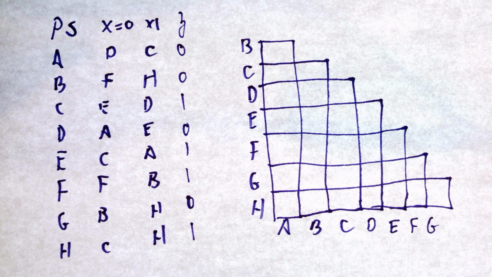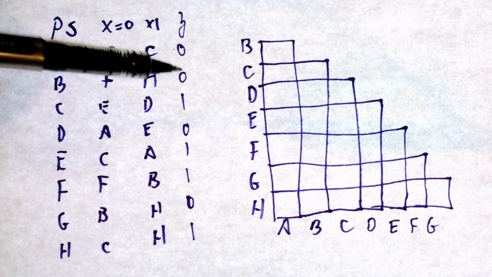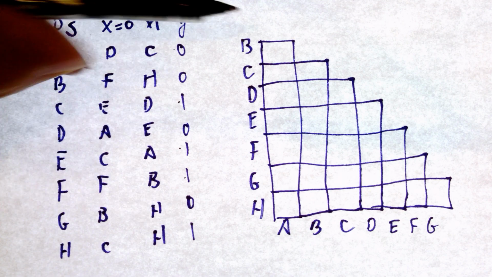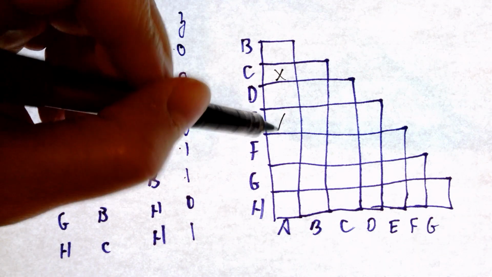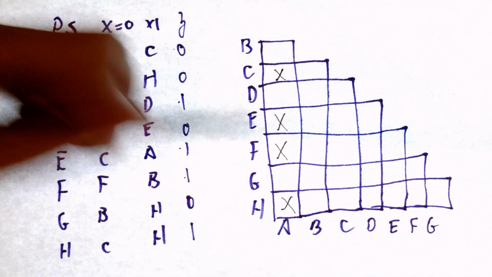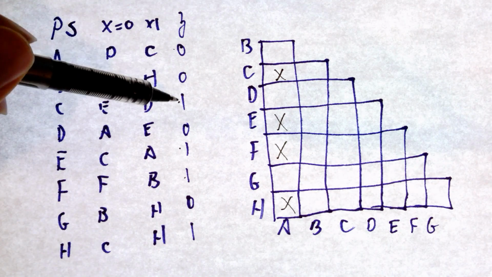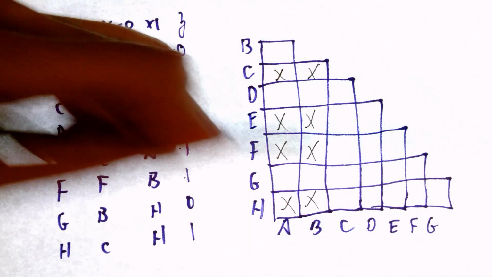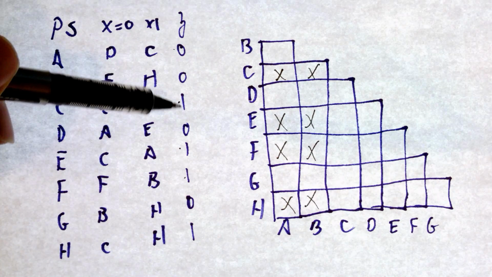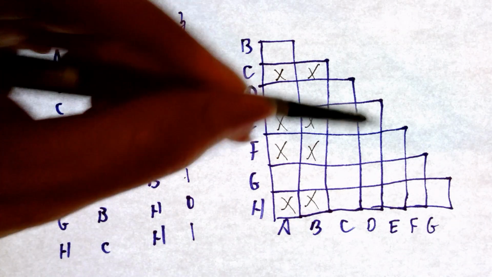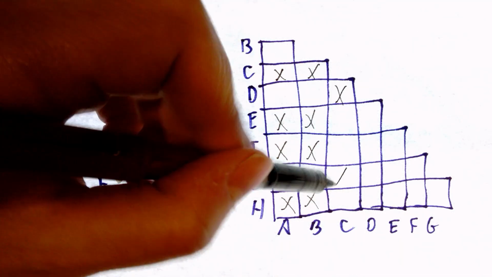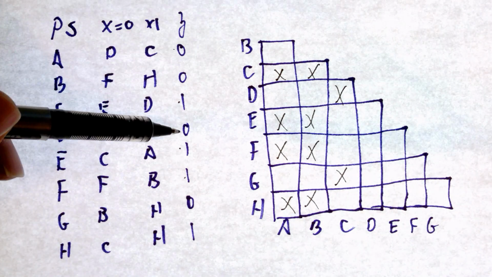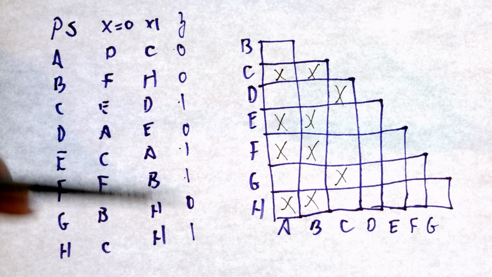In fact, we can see that A is different from C, E, F, and H. B is also different from the same. C must be different from D and G.